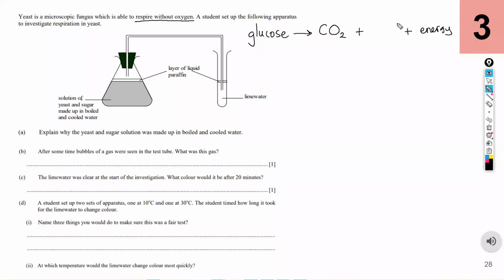Is it water? I don't think it's water. Look at the one with yeast, involving yeast. Right, not lactic acid. Some of y'all are mixing it up. The one that's missing for yeast is alcohol. Remember, there are different types of anaerobic respiration.